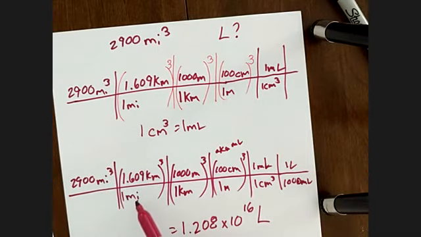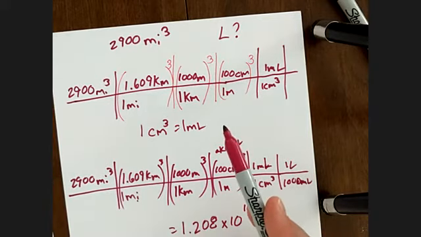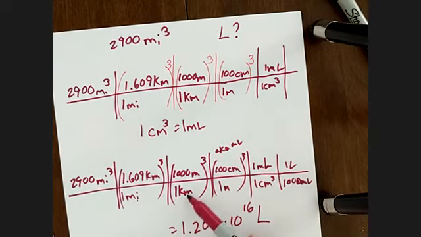So here we're following a progression. We want to convert over to the metric system. The simplest metric system conversion here is kilometers. So I have miles and kilometers. Then I don't know anything about kilometers to liters, so I've got to go from kilometers down to meters. Now you might go to meters cubed, things like decimeters cubed and things like that, so it depends on what kinds of units you have memorized.